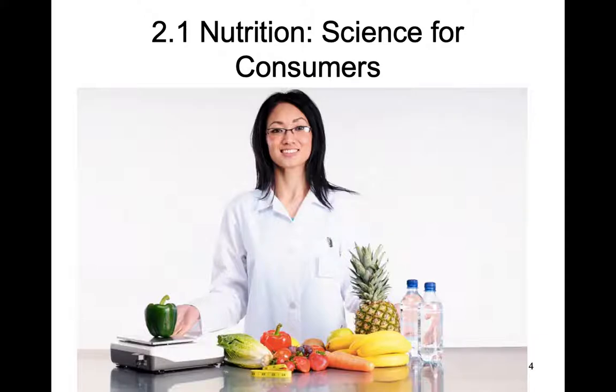A great example of this is the evolution we've seen over the past few years with regards to looking at fat as a nutrient. You may remember, or not, depending on how old you are, but in the 80s and 90s, fat was really demonized as a nutrient, and the big fad was a low-fat diet because we thought that eating fat made you have more body fat and made you have increased risk of heart disease.